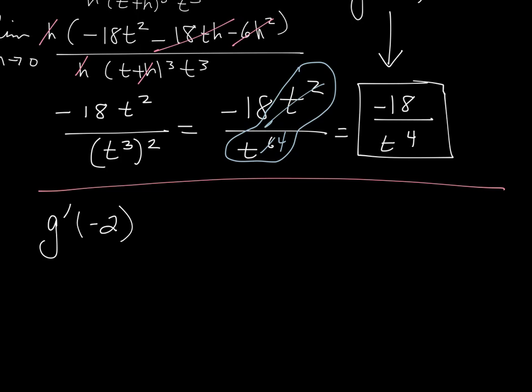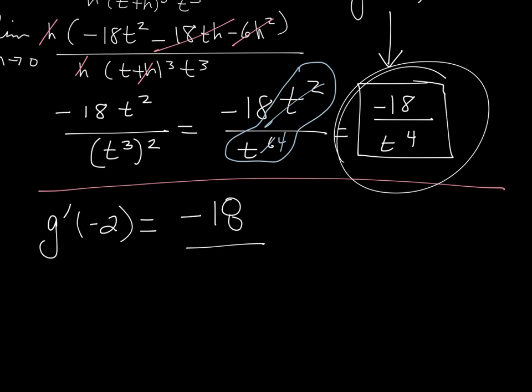Well, I just found g prime of t, so where you see a t, you plug in -2, and if you put that to the 4th power, I get -18 over 16.